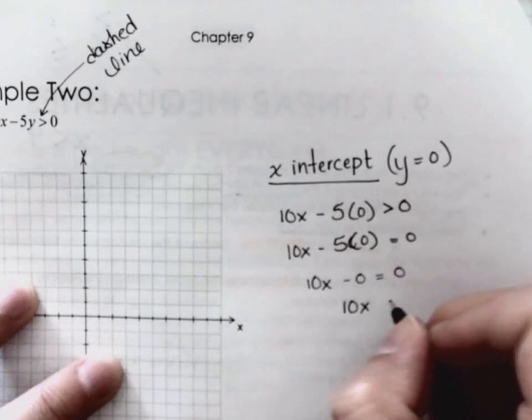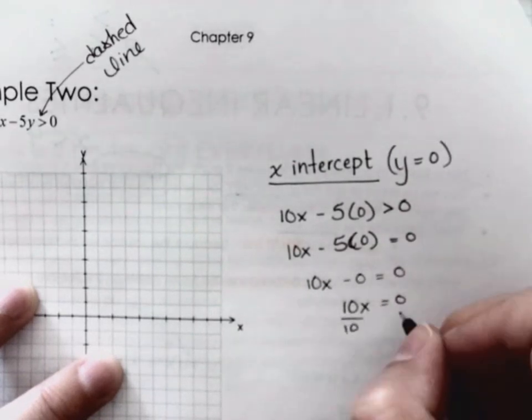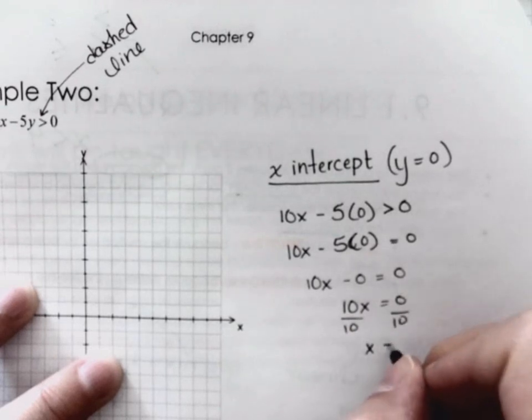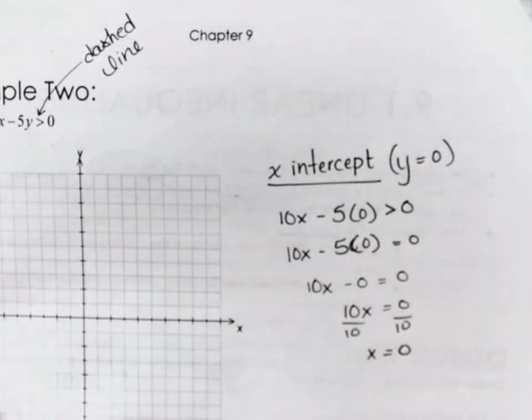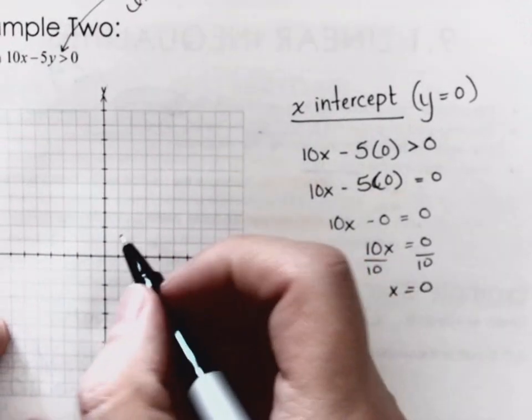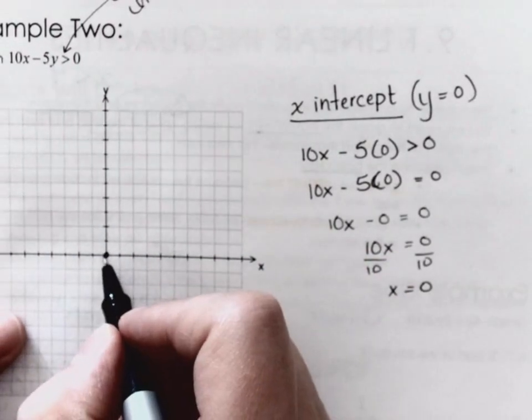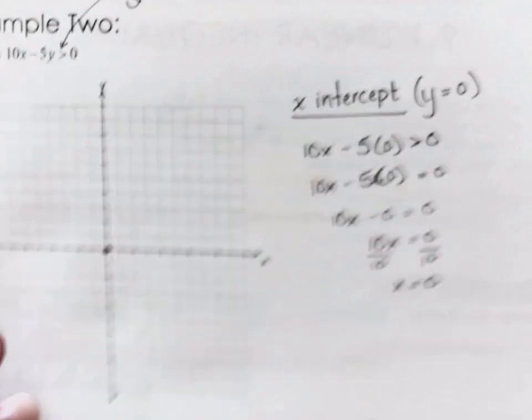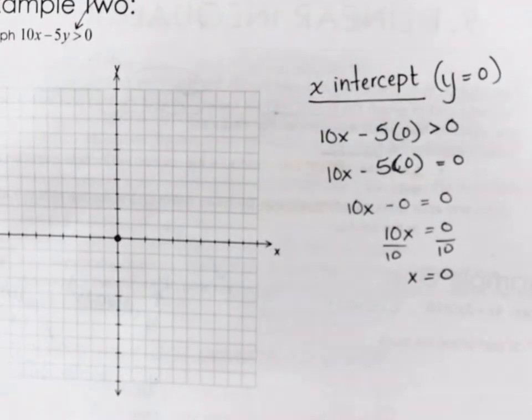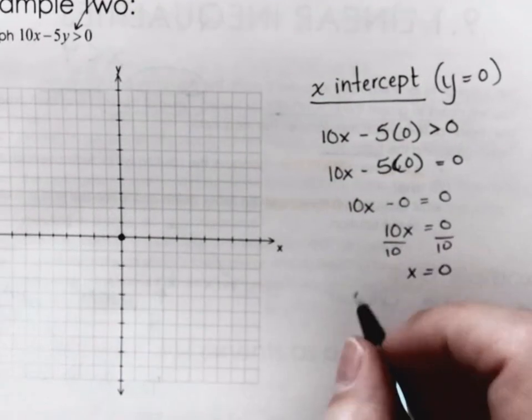So 10x equals 0 divided by 10, x is equal to 0. Okay, so I know that when x is equal to 0, y is equal to 0. Okay, if we find our y-intercept, they're going to be at the exact same place.